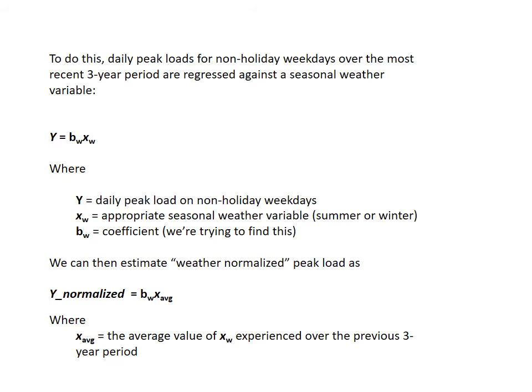This is what we're trying to find. And so once we find that b coefficient, then we can say, well, the normalized peak load for each of these individual areas, we're going to keep the coefficient, but we're going to assume that the x is just at its average point over the last 3 years, right? Or we could do longer than 3 years. We could say 5 or 10 years.